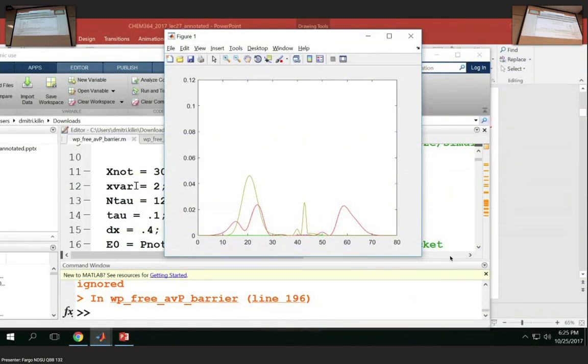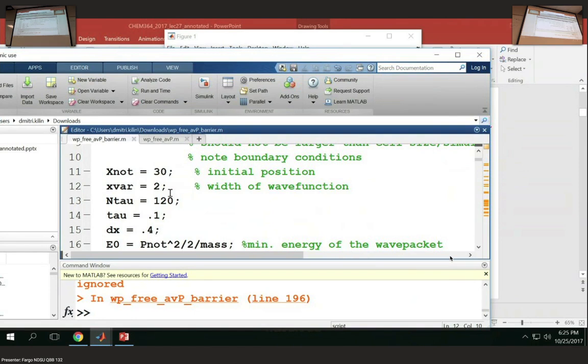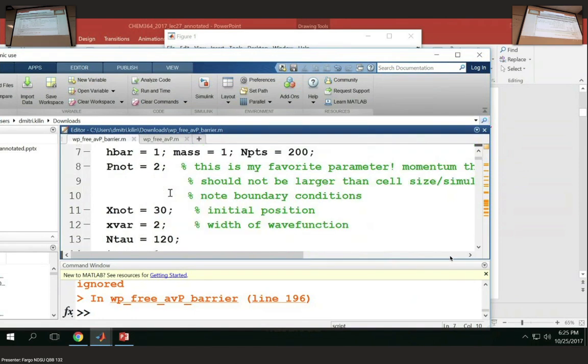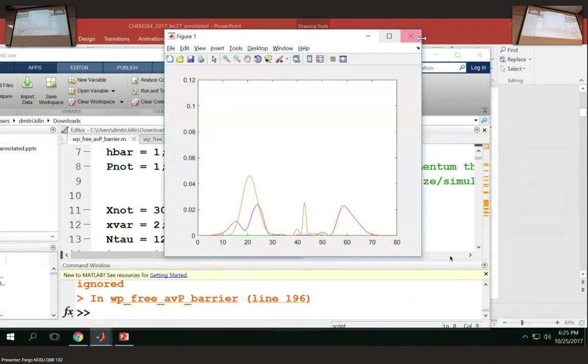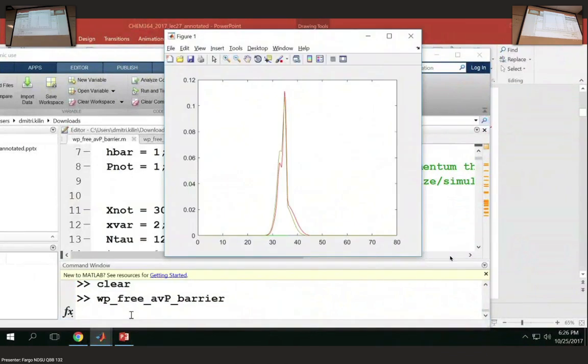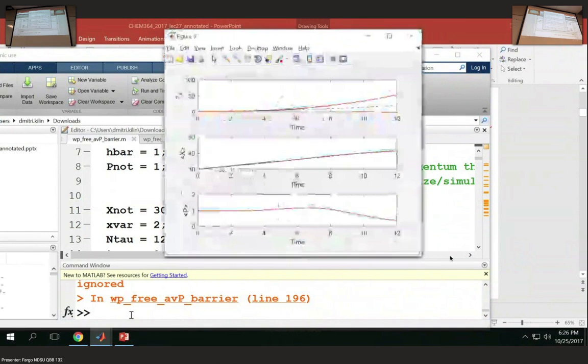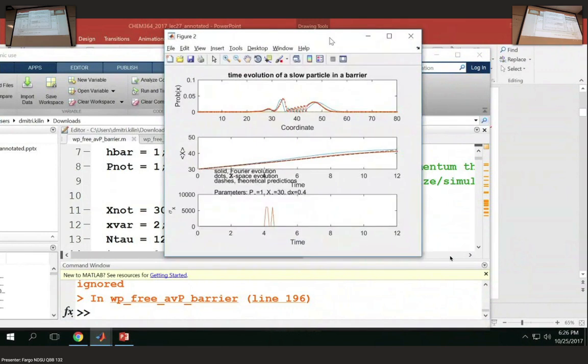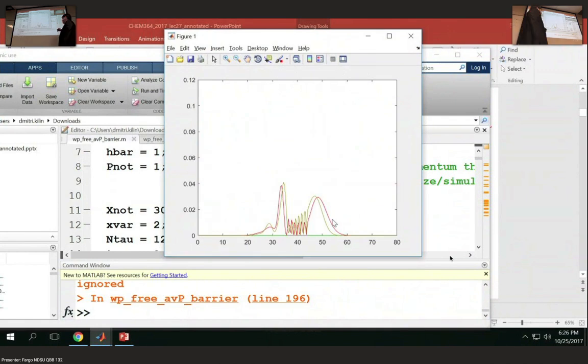So what if we try a little smaller? So right now I kept the same ratio of kinetic energy and the depth of the box, and you see it is less reflected and a bigger fraction got trapped.